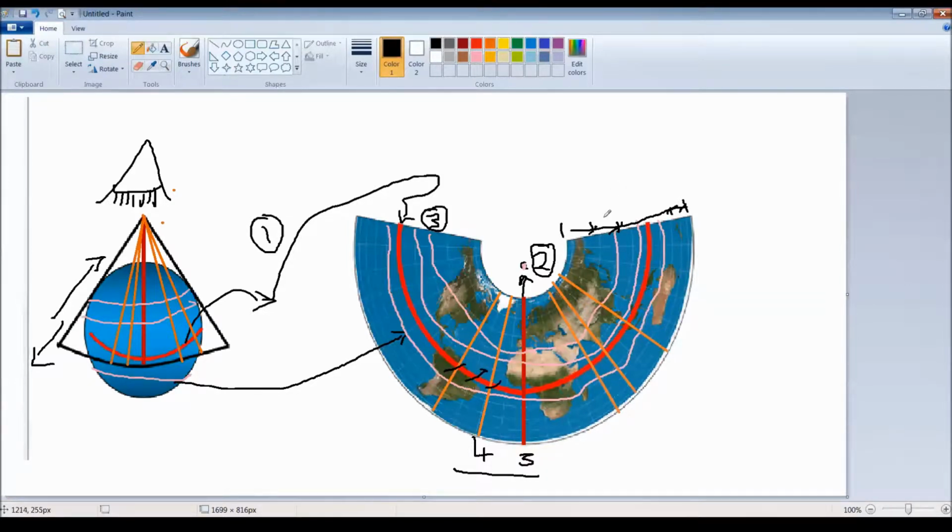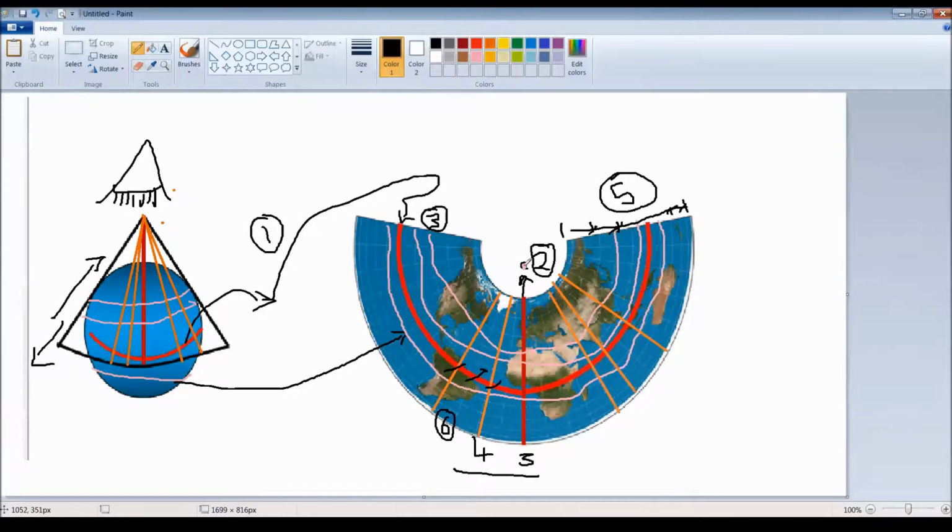Distances between the latitude circles are changing, while distances between the longitude lines are going to be fixed. So to summarize, number 1, the equator is going to be projected as a circle.